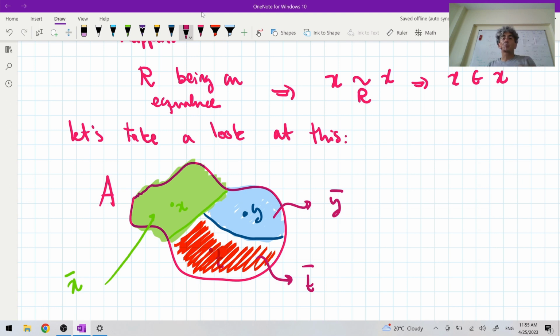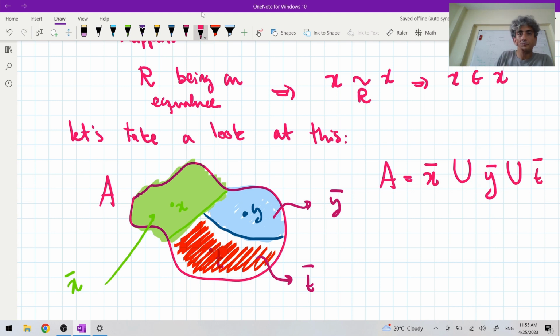We have partitioned A as a disjoint union. If we take the union of these three sets, we'll recover the original set A. And this is a very distinctive feature of equivalence relations. Equivalence relations allow us to form a partition of the original set.